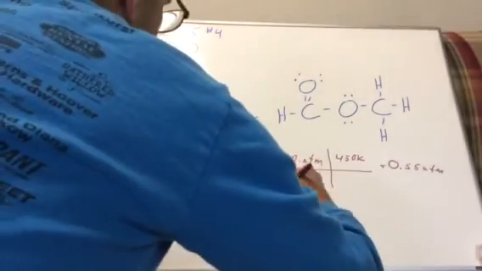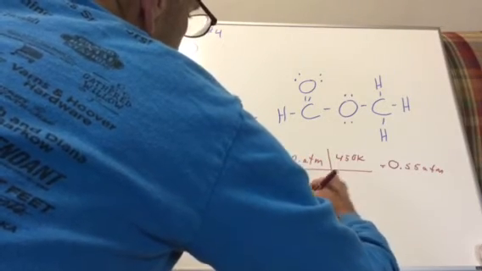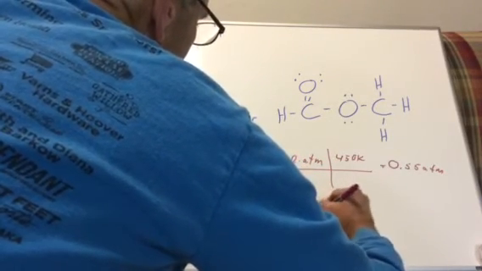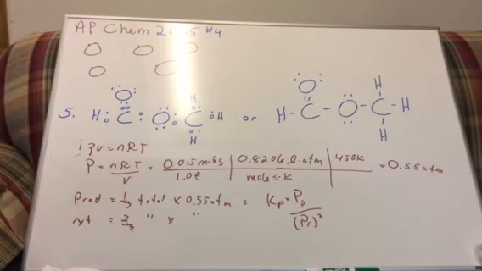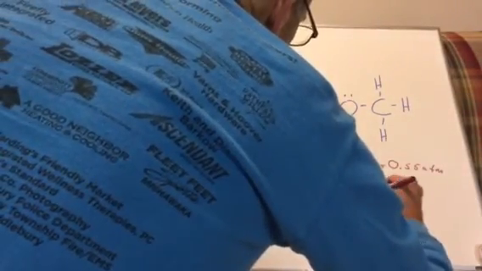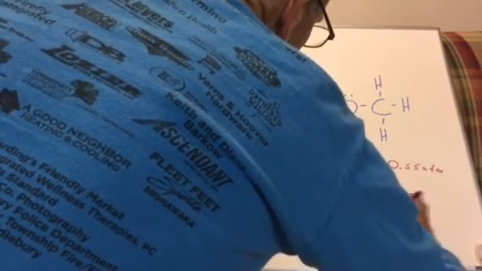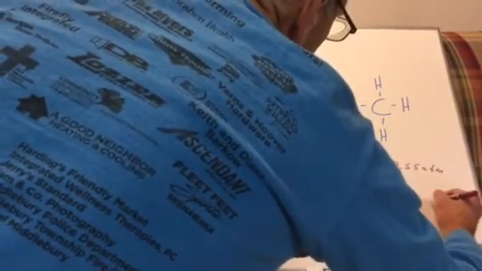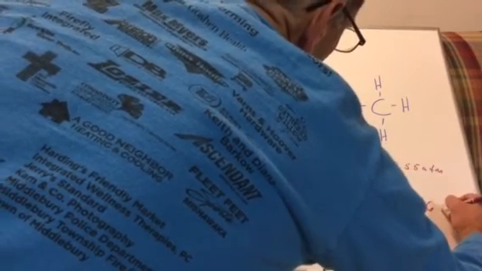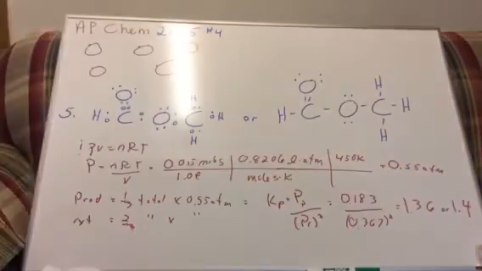And then I said that Kp equals the pressure of the product over the pressure of the reactant, and you've got two of those, so that is obviously squared. Then I put 0.183 for the product, and that was 0.367 for the reactant, and I've got to square that, and that gave me 1.36, and there are two significant digits, so 1.4 is the answer I get for that.